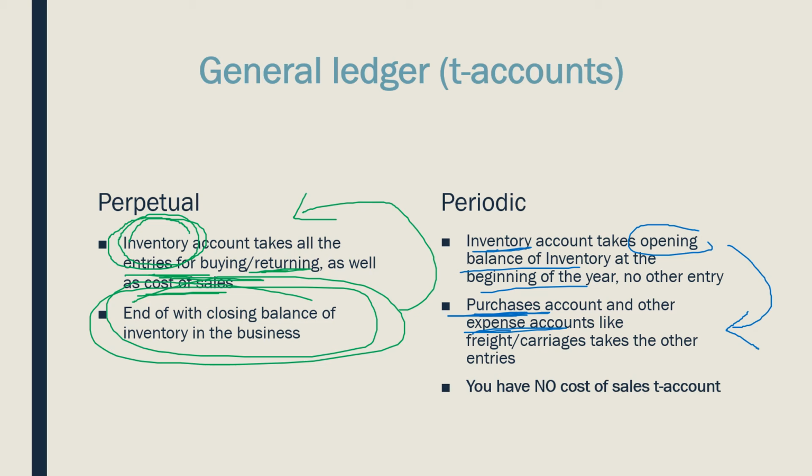Periodic, you've got inventory for the opening balance, purchases for buying stock, purchase returns for returning stock, and freight charges on stock. So you can see you have a few more T accounts. And lastly, very important, you have no cost of sales T account at all.